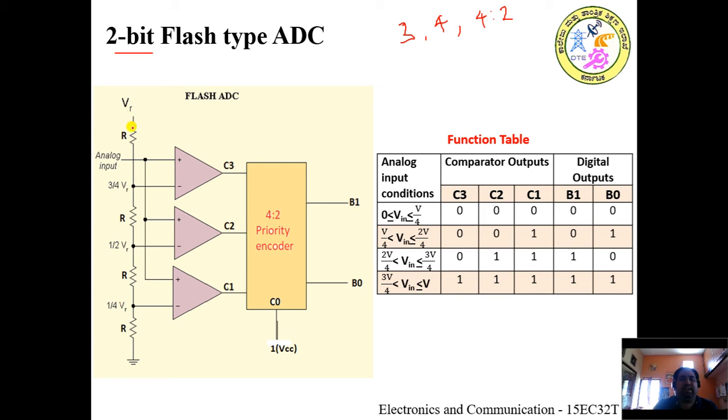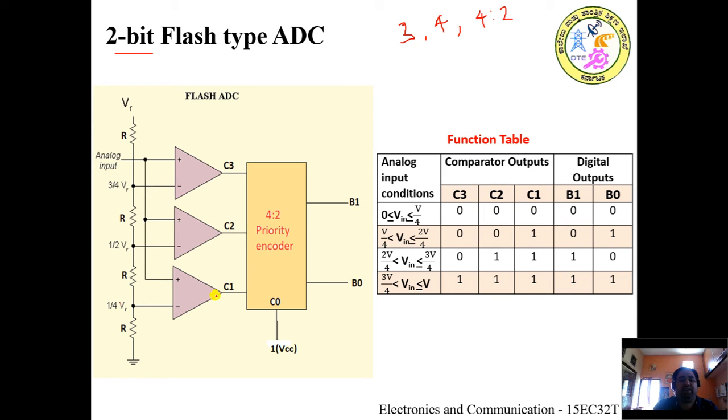The voltage divider circuit is made up of 4 resistors of equal resistance value R, which are connected in series, and 3 nodes are taken. The voltages at these 3 nodes serve as reference voltages for the comparators.